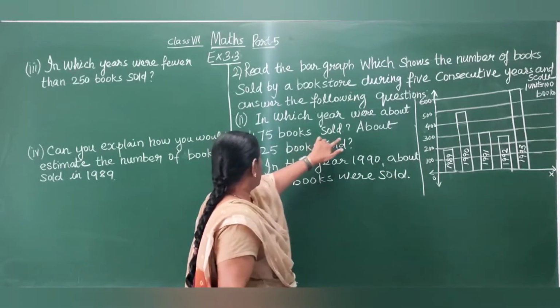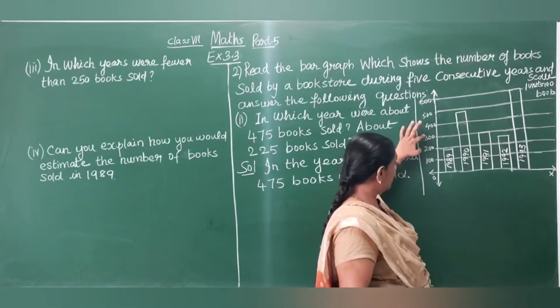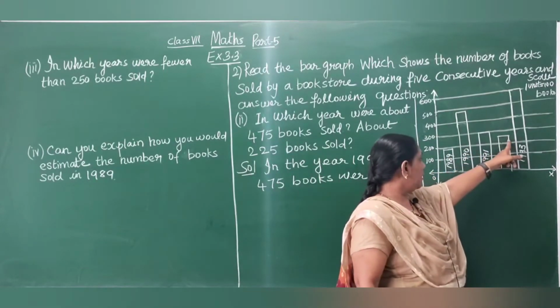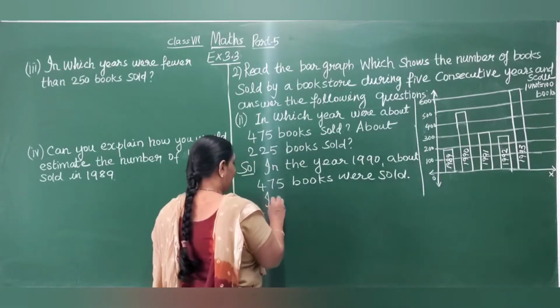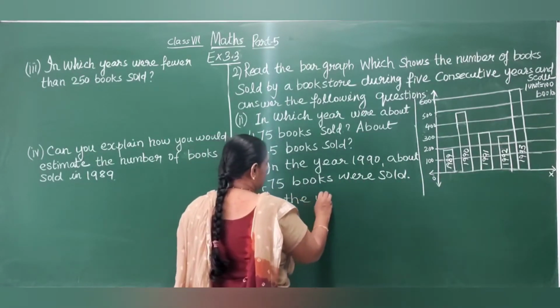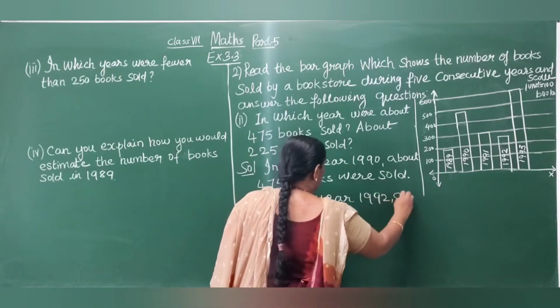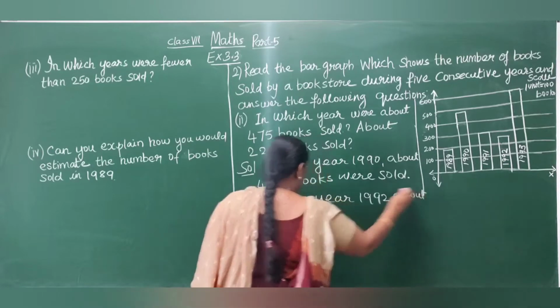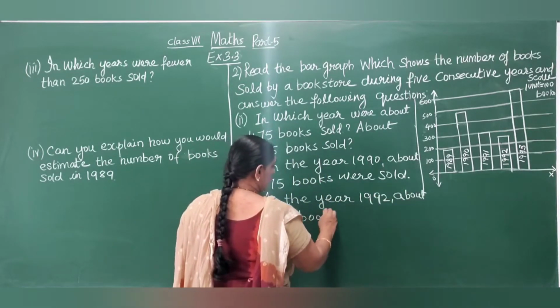Next one is asked about 225 books. 225 is between 200 and 300. It is 1992. So in the year 1992, about 225 books were sold.